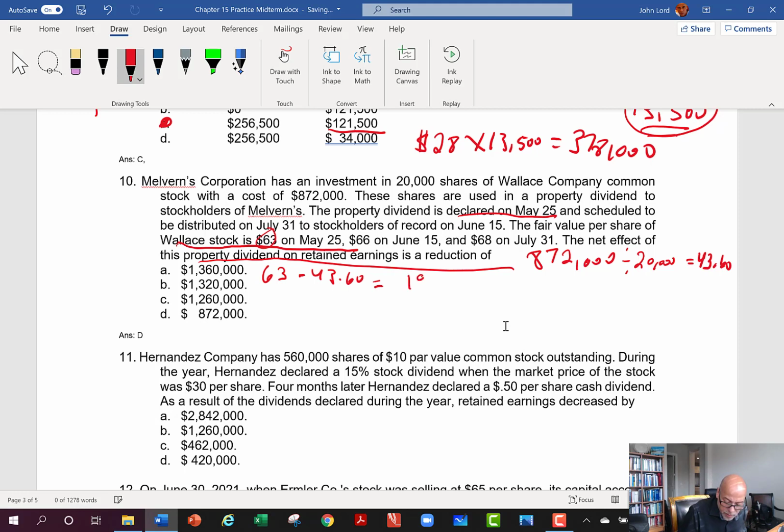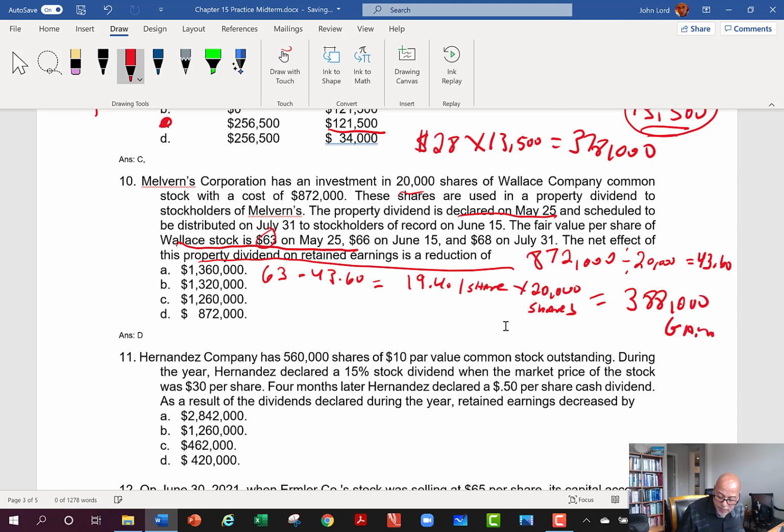Okay, that's a gain of what? 19.40 per share. Now I take that 19.40 per share, and it's what? 20,000 shares. 19.40 per share times 20,000 shares equals $388,000.